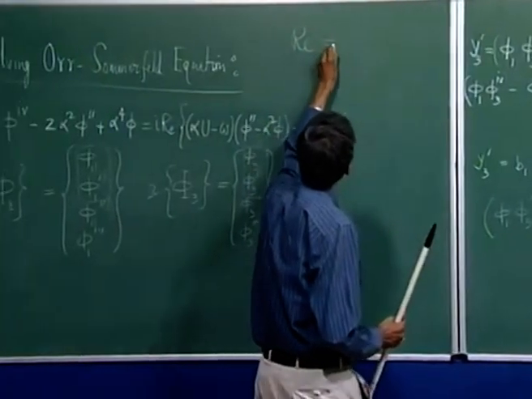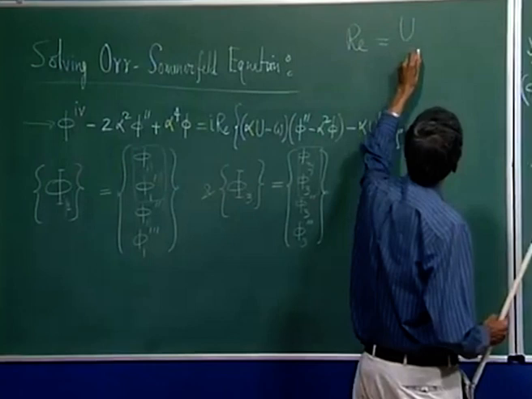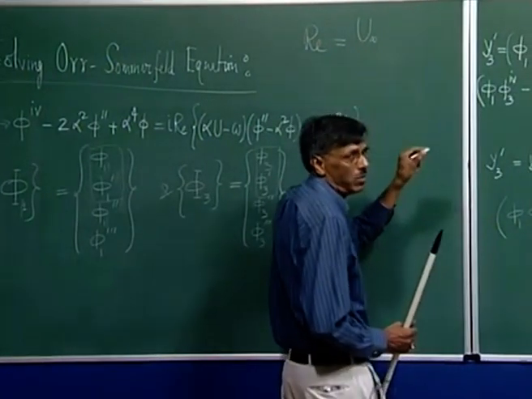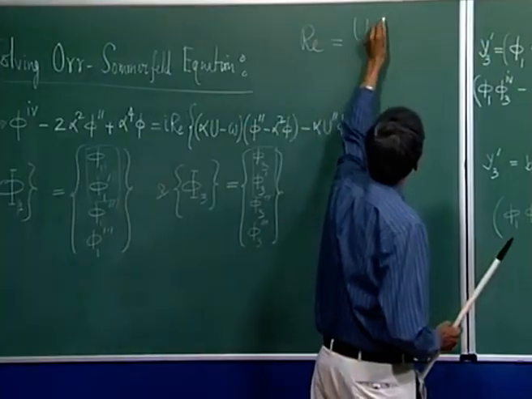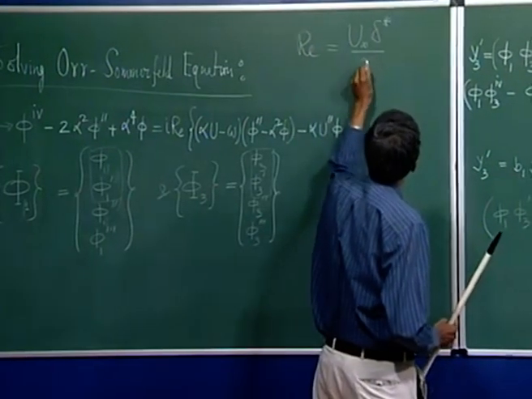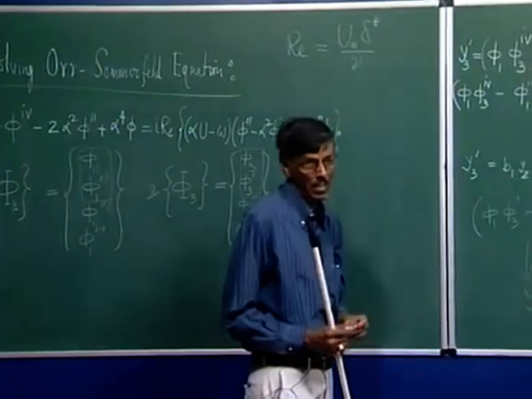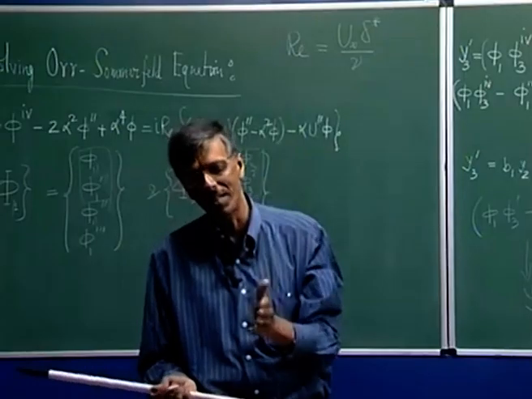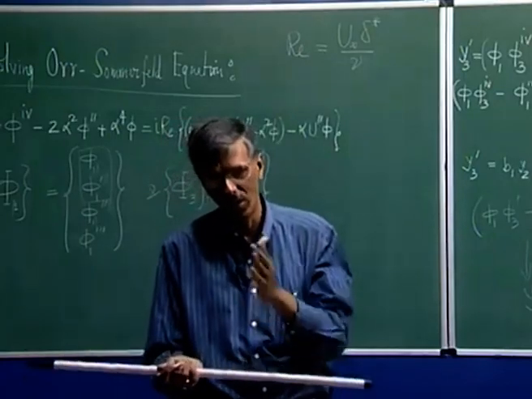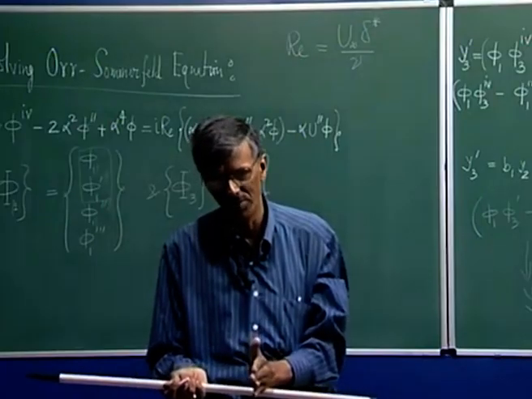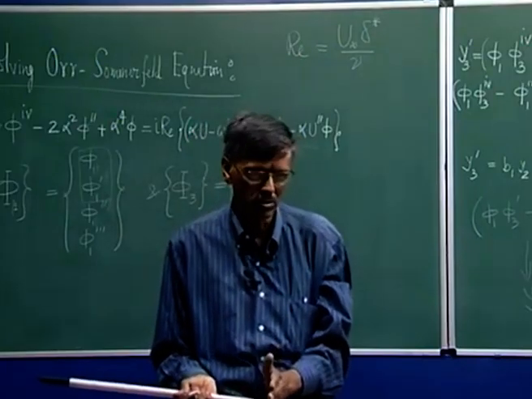RE we have defined here is some velocity scale, which I may like to call, let us say, u infinity, times delta star by nu. What is delta star? Delta star is the displacement thickness. Okay. So, if I position myself at a streamwise station, I know what is the local displacement thickness, I know the Reynolds number. Now, the game starts.